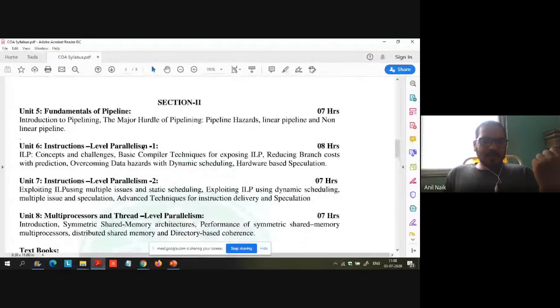And in the second section, we'll discuss the fundamentals of pipelining. Pipelining is an approach to make instruction execution faster, or to complete any task in your computer very fast.